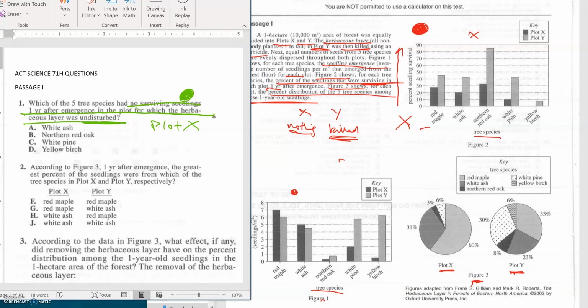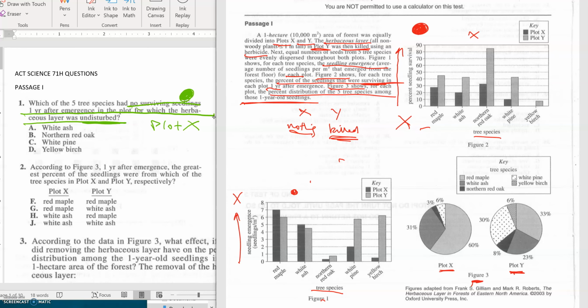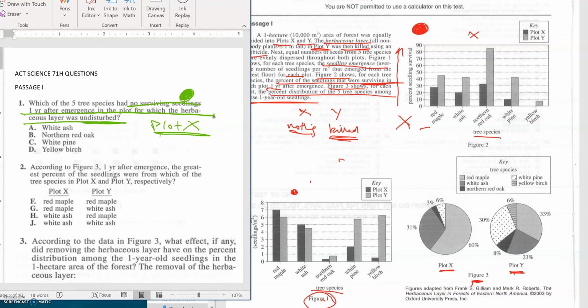So we're looking at plot X and had no surviving seedlings 1 year after. Alright, so we can come over to the right hand side. Because it doesn't tell the figure, we've got to work out what figure it's asking about. We know we're talking about plot X, so we've taken care of that bit.